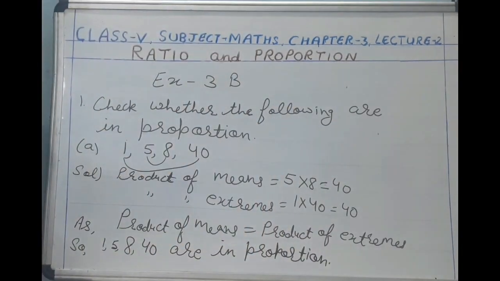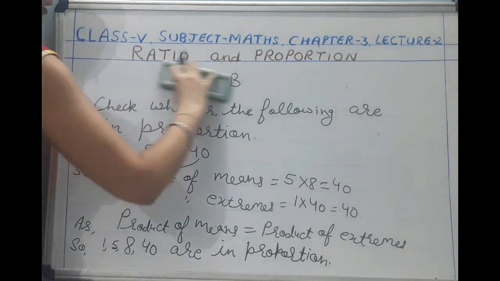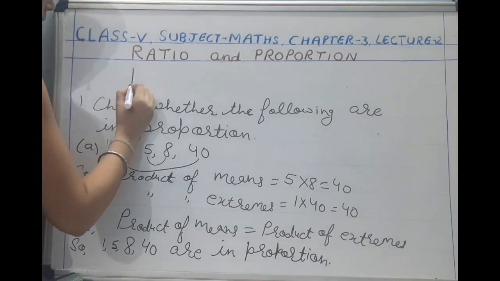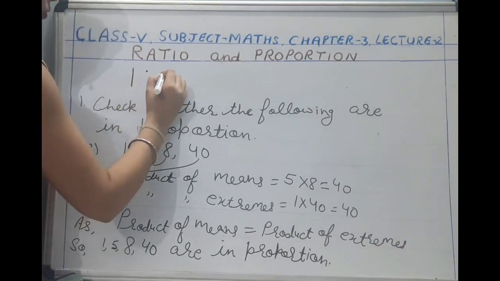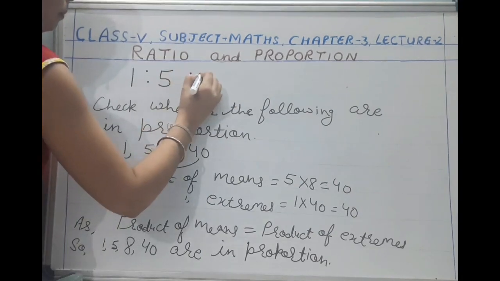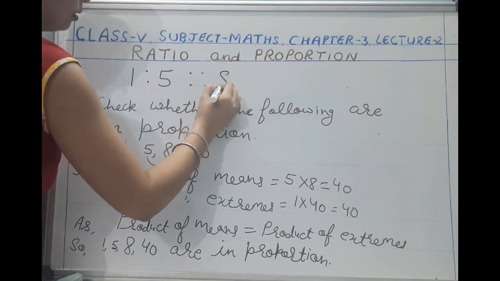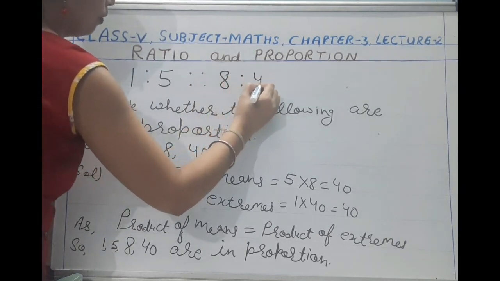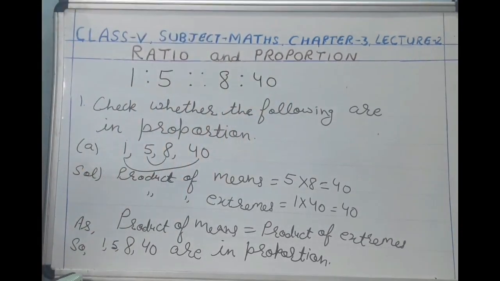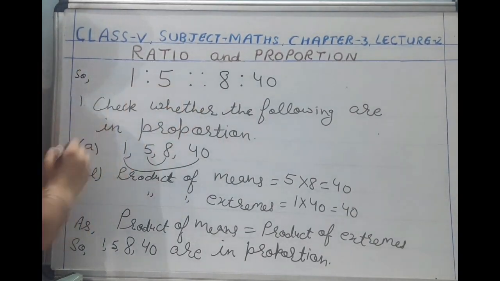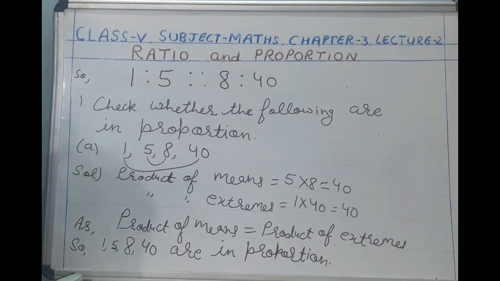Right. So how we can write down? We can write down it as 1:5 proportion 8:40. So we can write down it in the form of proportion. It will be our answer. Understood?